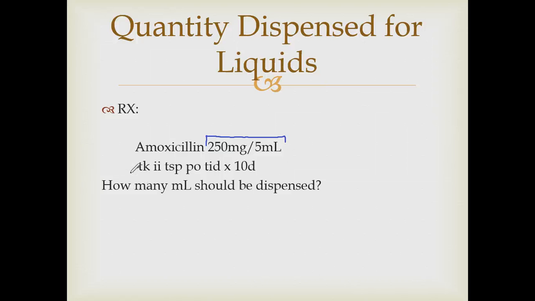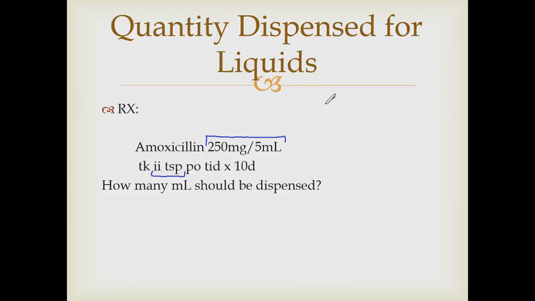Now another thing that we have to remember is that they're going to be writing the dosing most of the time in teaspoons. However, when we are working in the pharmacy, we are always going to dispense in milliliters. Therefore, we have to do a conversion here before we can actually set up our equation.